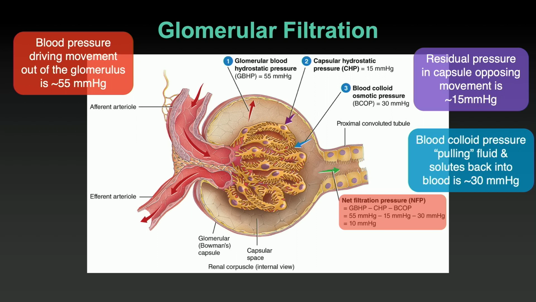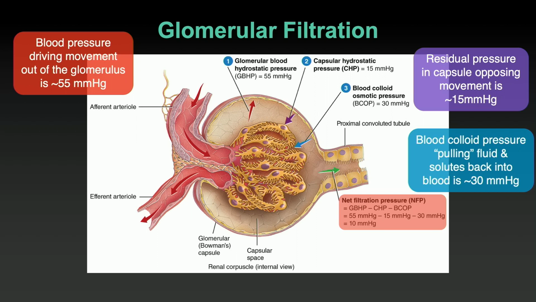Hypothetically, if net filtration pressure were zero, there would be no filtration. That never happens, but hypothetically. Also hypothetically, if net filtration pressure were negative, fluid and solutes would move into the blood.